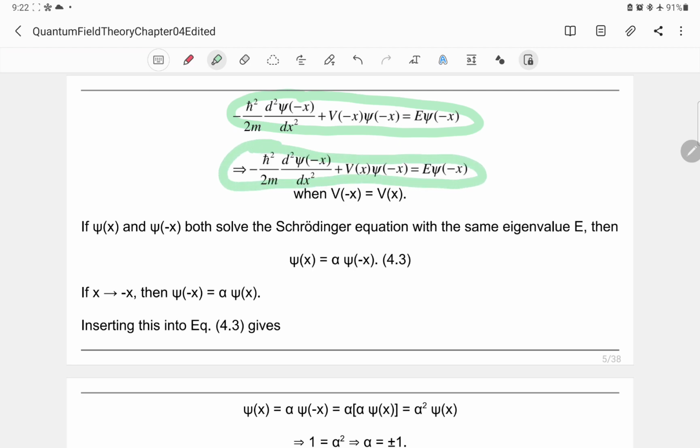However, when your potential has this symmetry, the Schrödinger equation is still the same. So you can write this wave function in terms of this one here.